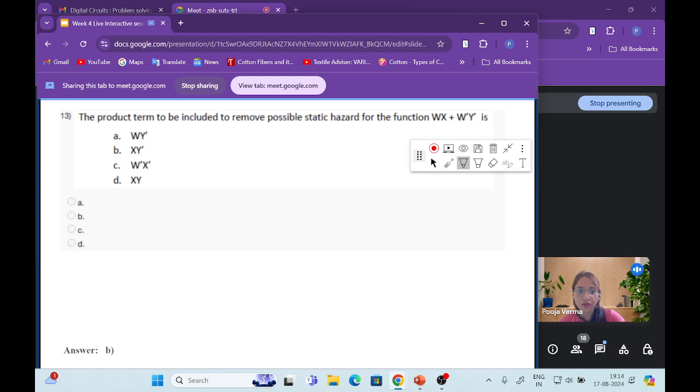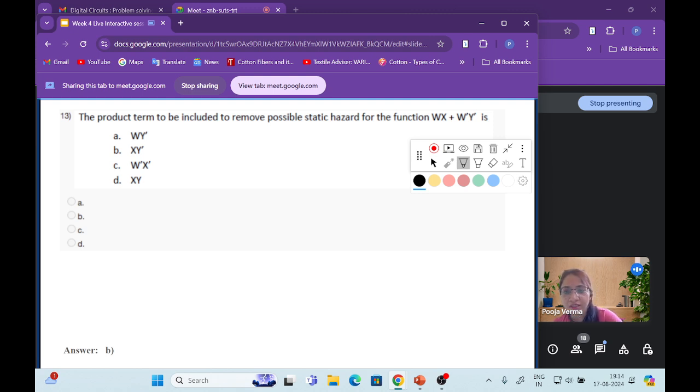Okay, moving to the next question. The product term to be included to remove the possible static hazard for a function wx plus w dash y dash. Which of the following product terms must be included to remove the possible static hazard? So let's check that.